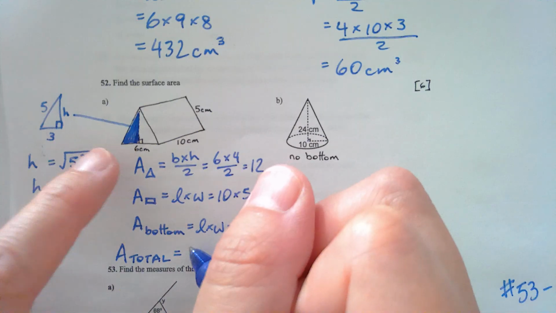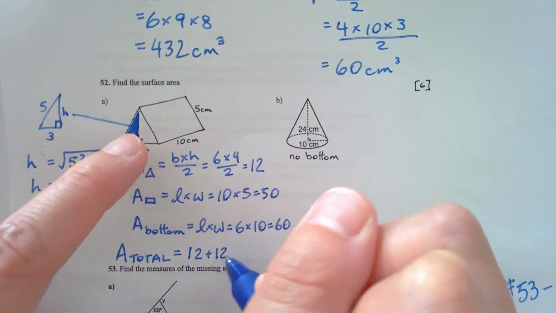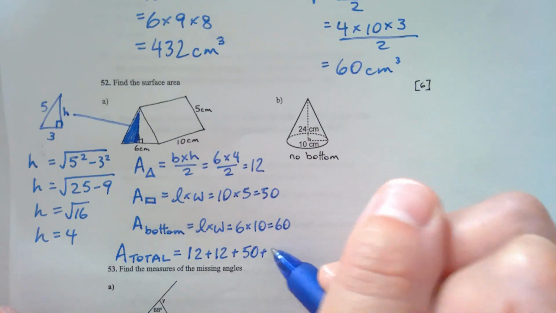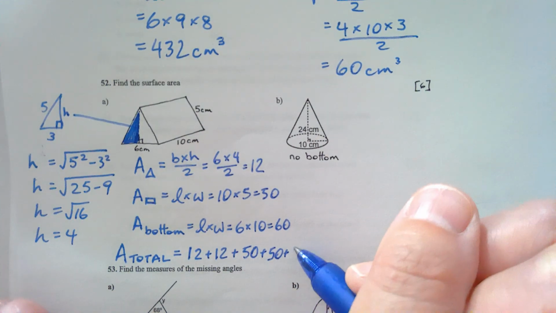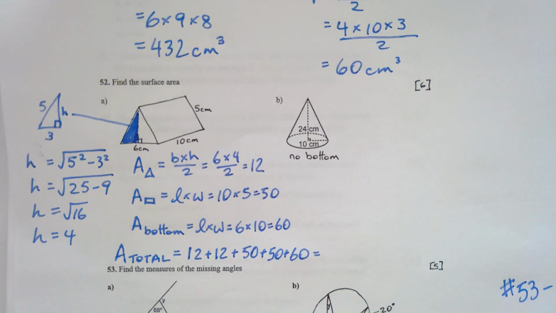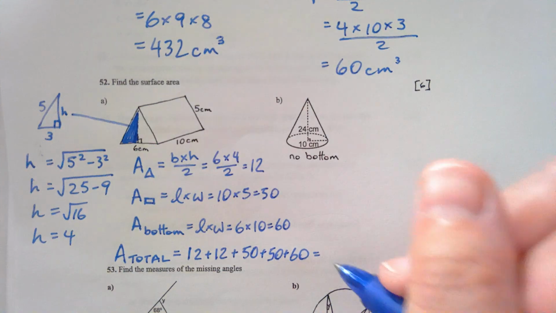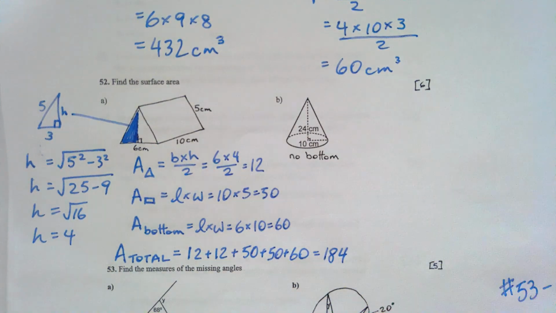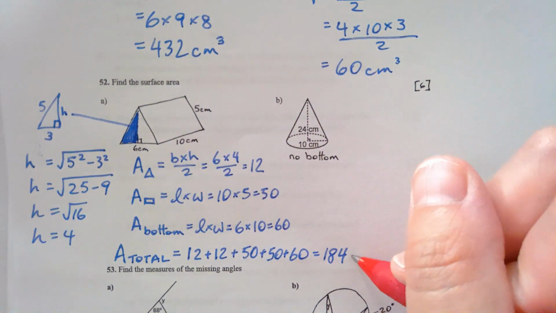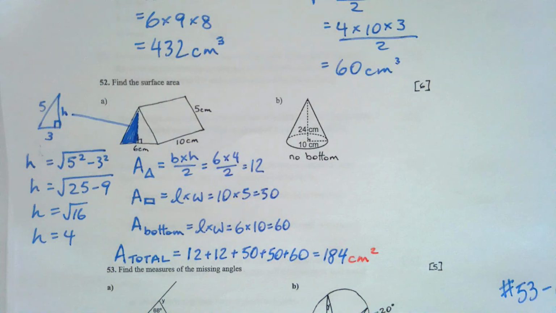So I actually have 2 triangles, 2 rectangles, and 1 base, 1 bottom. So 12 plus 12 plus 50 plus 50 plus 60, I get 184. Full marks. What's my unit? Centimeter square. Good.